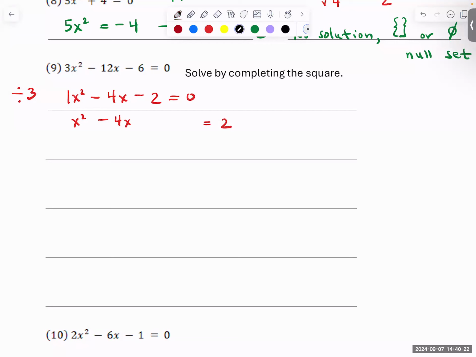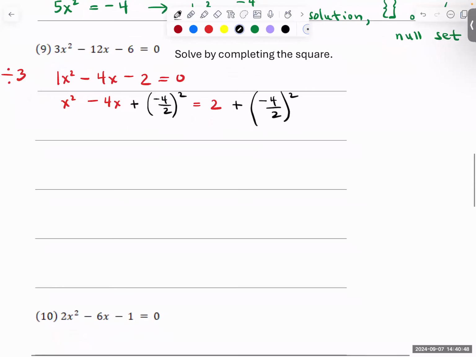The next step is to add and balance the equation. Add to both sides b, which is the middle coefficient, minus 4 divided by 2. So b divided by 2 is negative 4 divided by 2, quantity squared, and do the same to both sides, quantity squared. So that makes a perfect square trinomial on the left side that is always factorable.